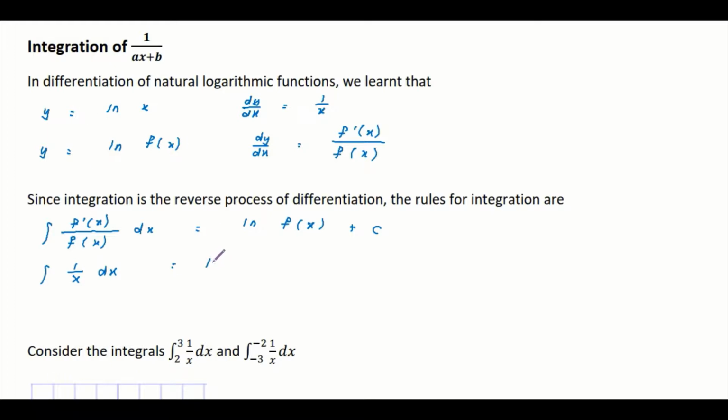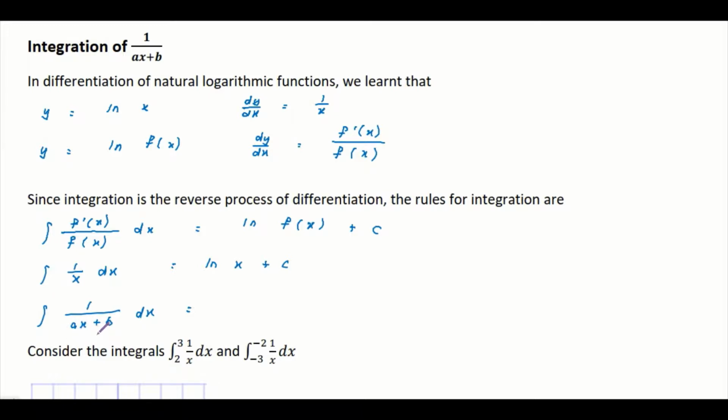Then you have natural log x. Okay, so the reverse, right? Same thing. If I have 1 over ax plus b, that's the idea for us to solve today, right? What do you think? You can realize that based on the equation here, when you use the derivative to divide by the original function, then you get natural log f x. So how about this? You look at ax plus b, right?